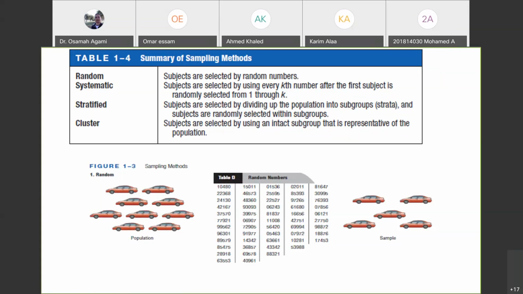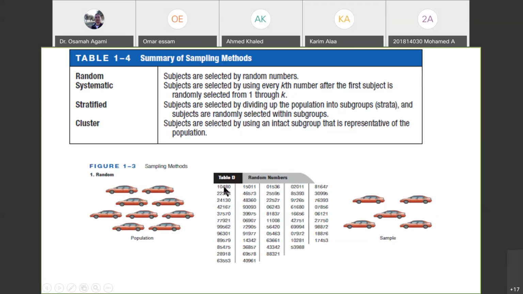So you have a random table. In Excel you can generate a random table. If you give numbers to this, you go along one column or one row, depending on how many you have, and choose. If you have 5 numbers and your number is very small, you choose one column, or 2 columns if you have 10 cards.